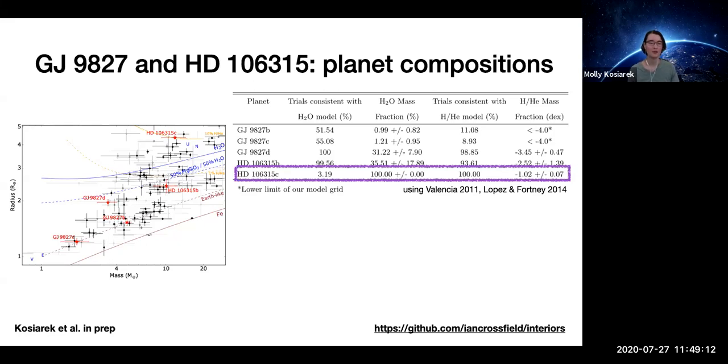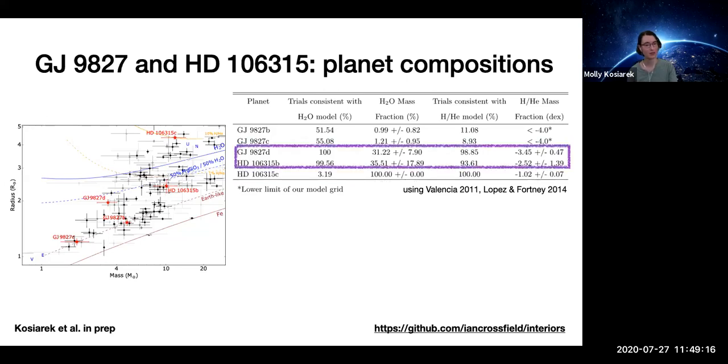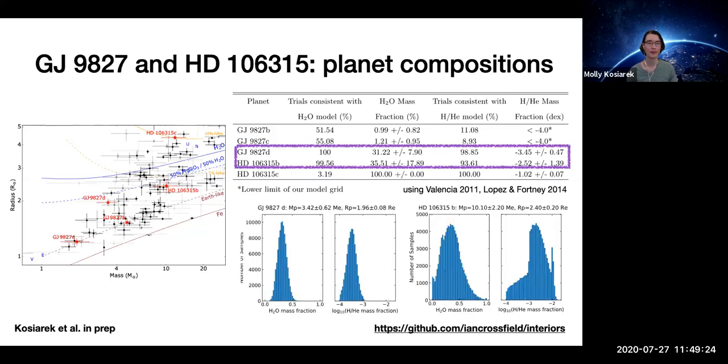And now let's view the compositions of GJ9827D and HD106215B in a little bit more detail, as their intermediate densities allow a lot of possibilities. So I'm showing here just a histogram of all of those trials for both planets.